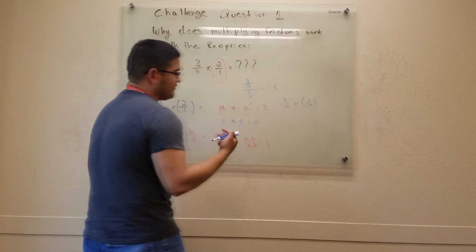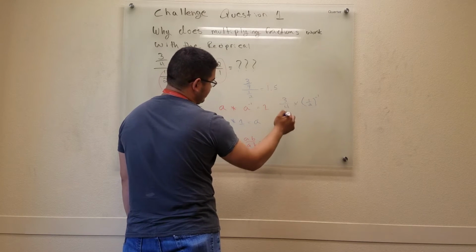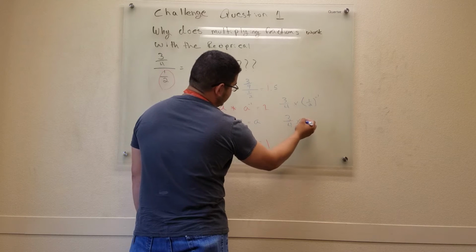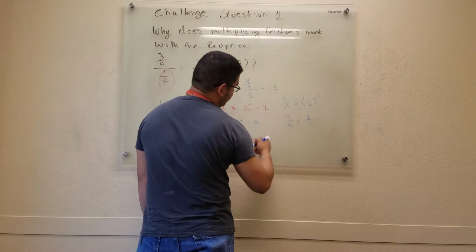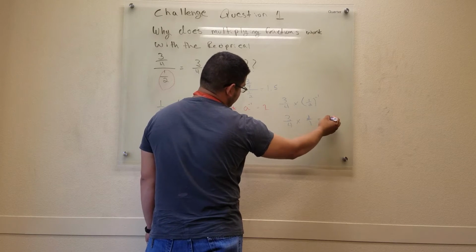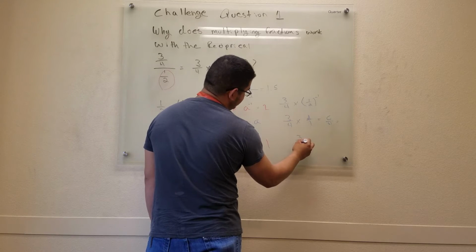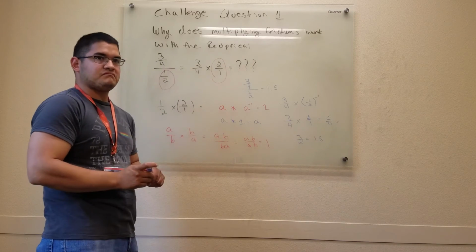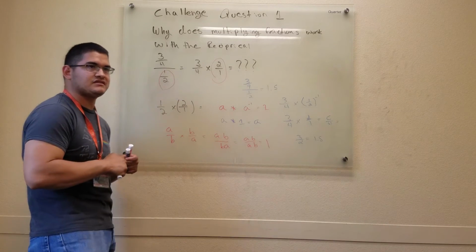If we know inverse, we know we just have to rotate the fraction. So we have 3 over 4 times 2 over 1, which gives us our answer, 6 over 4, which is the same as 3 over 2, which is 1.5. So this is why I think multiplying by the reciprocal works.